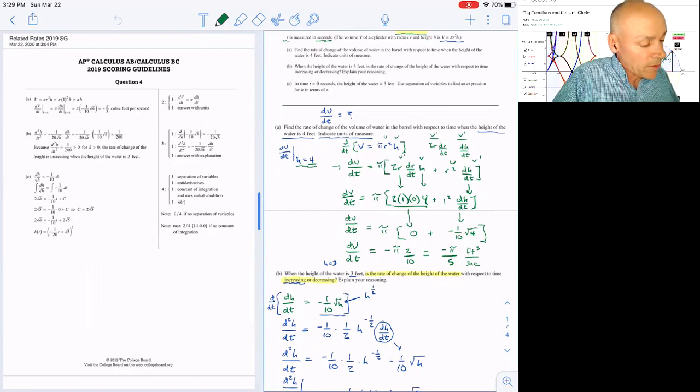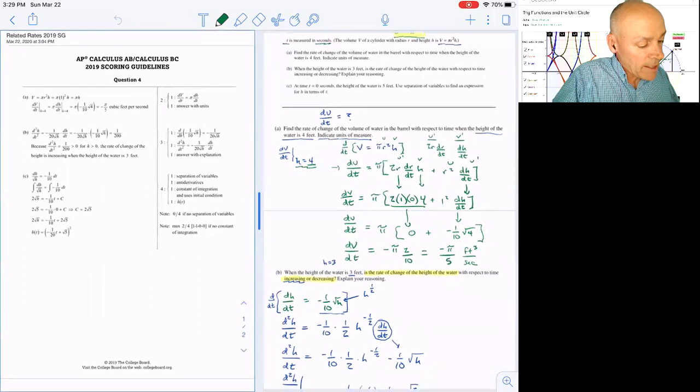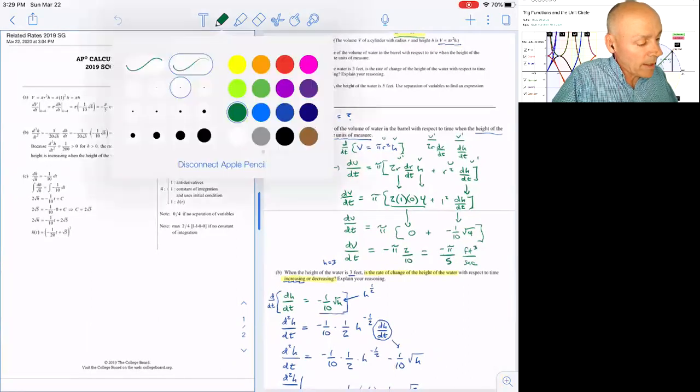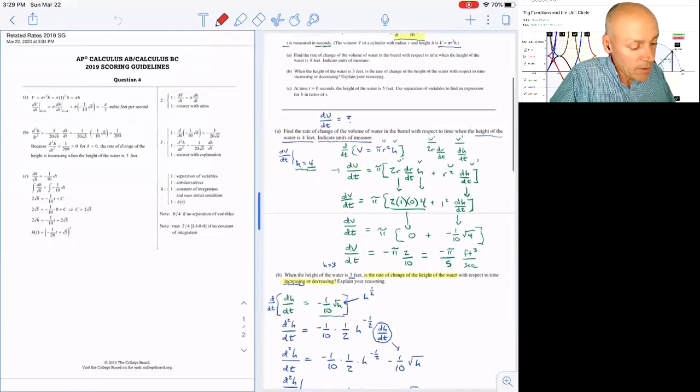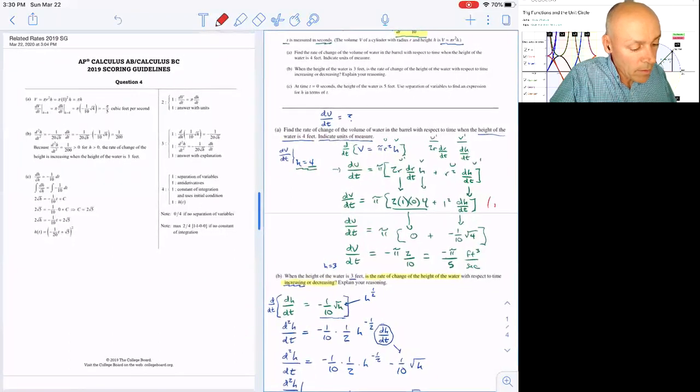At some point we had to show that dV/dt is equal to pi times dh/dt, and I've got that point shown right here. So 1 point for that, and then 1 point for my answer with the units: negative pi over 5 cubic feet per second. So we're 2 for 2, feeling pretty good in part A.